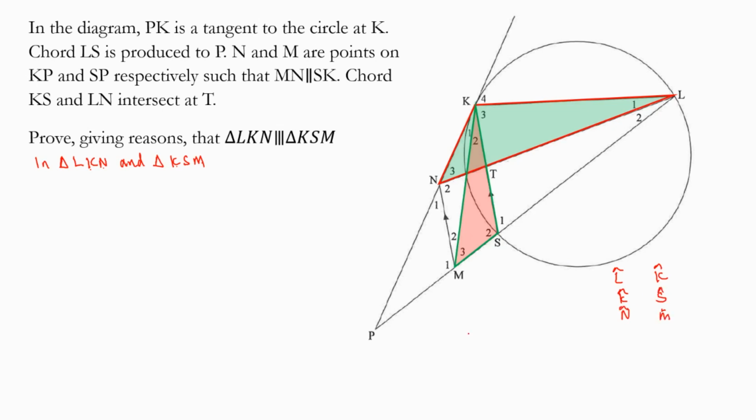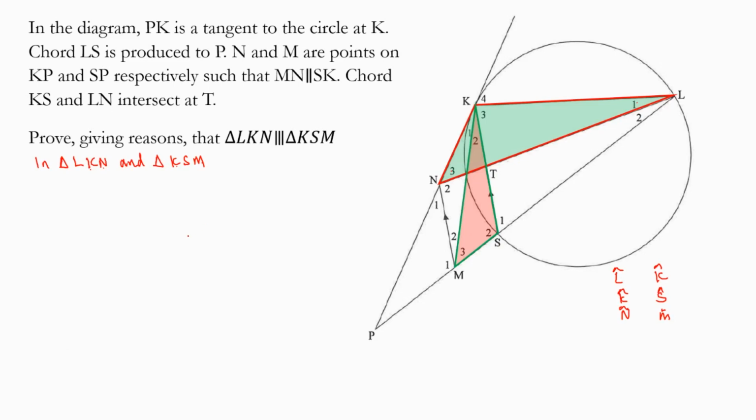See that? So we have to prove that angle L1 is equal to angle K2, and then we have to prove that angle NKL is equal to angle KSM, and then that angle N3 is equal to angle M3.